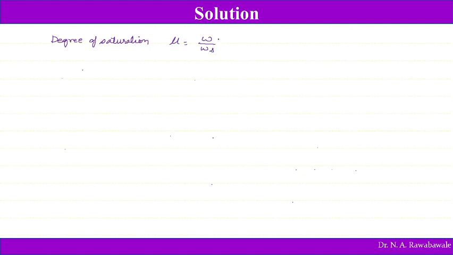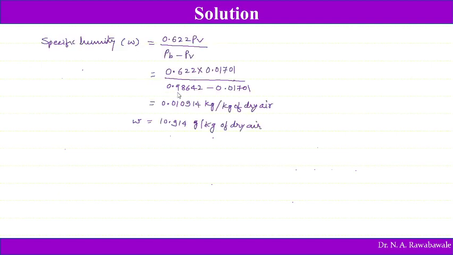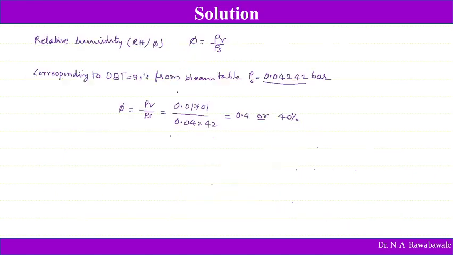We know the specific humidity omega. Omega s is the specific humidity of saturated air, which is given as 0.622 PS divided by PB minus PS. PS is already calculated in the previous case: we obtained the PS value as 0.04242. So this value of PS we will be using now.